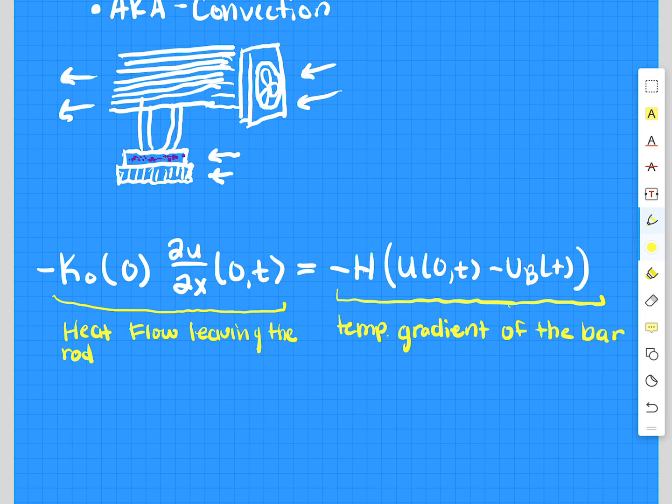That's what this u of 0 comma t minus u_b of t is: the temperature difference between the initial end of the rod and the external temperature.